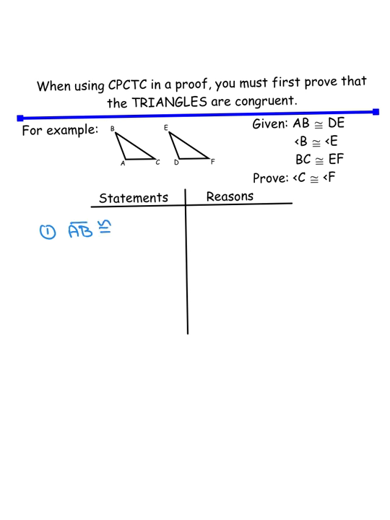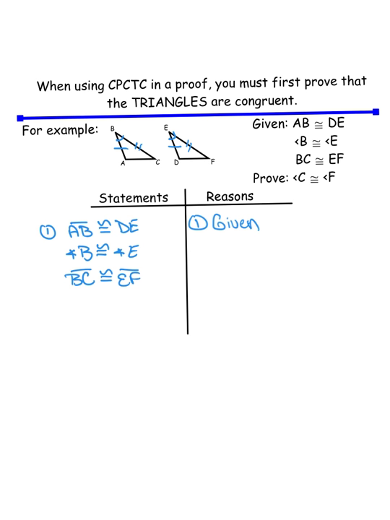So AB is congruent to DE, angle B is congruent to angle E. So I'm going to mark my picture. And BC is congruent to EF.